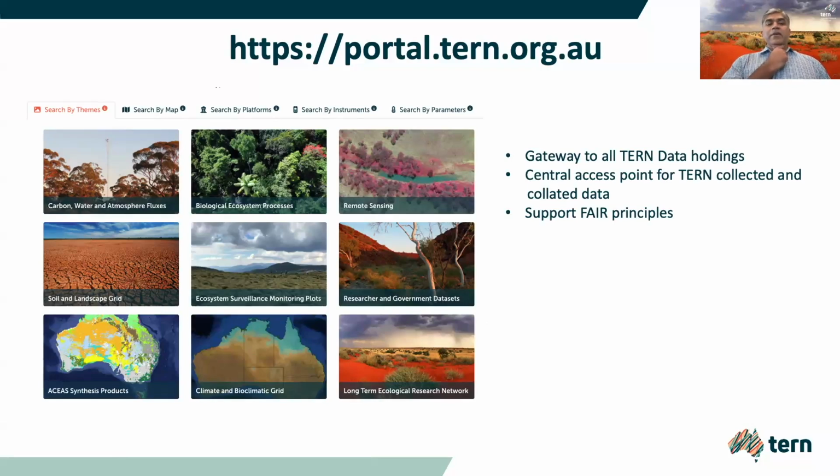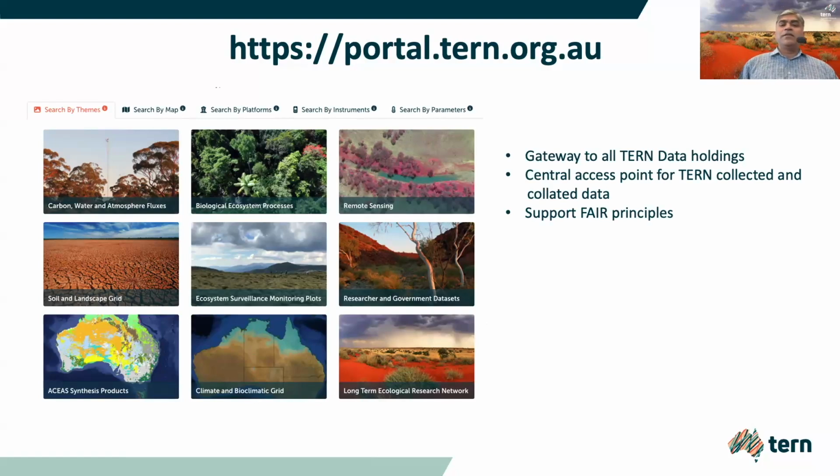We have added themes on the home page, so that we classify the data based on different themes. These themes keep changing as well, depending on the type of data we get. And there are multiple ways you can go and have a look at the data as well.